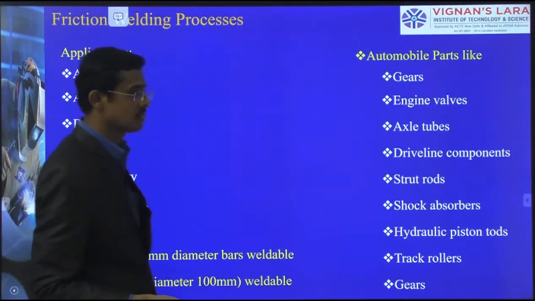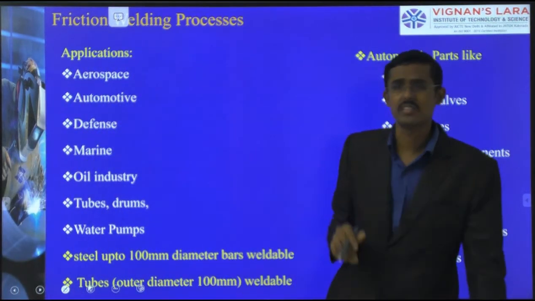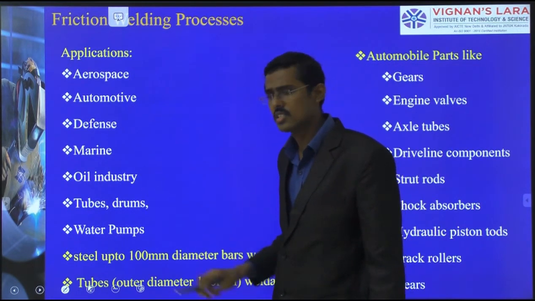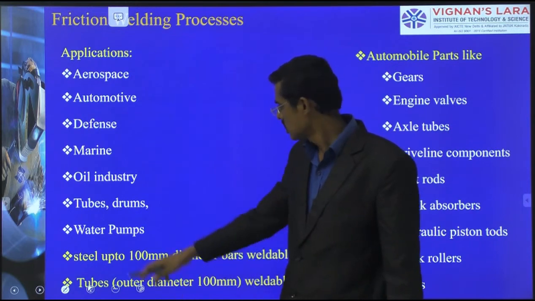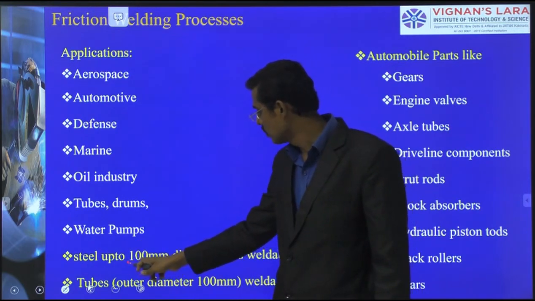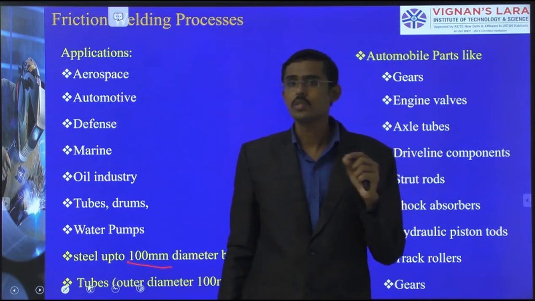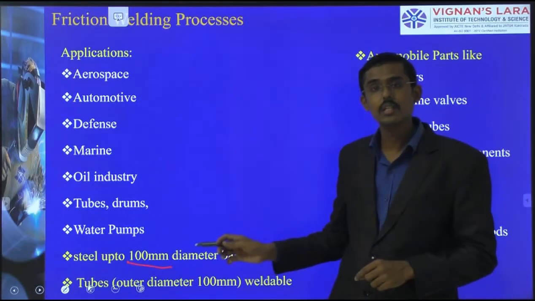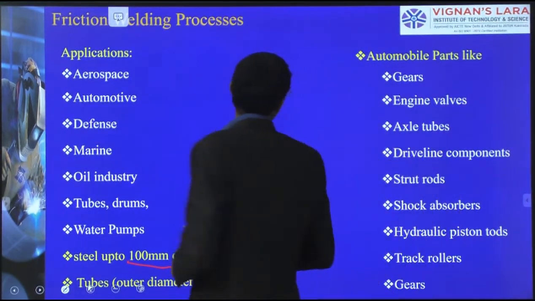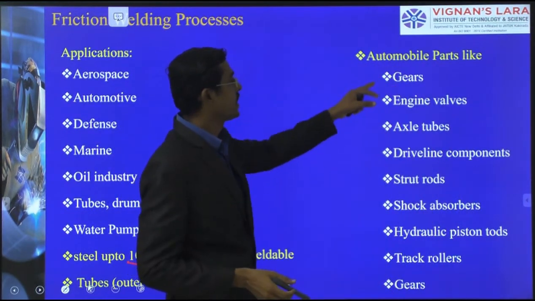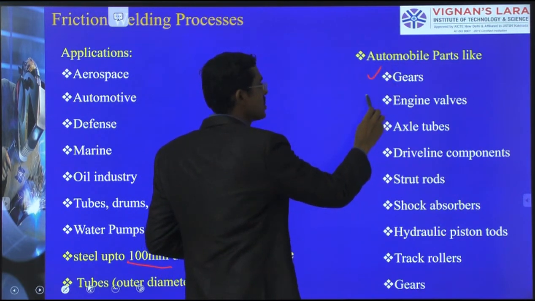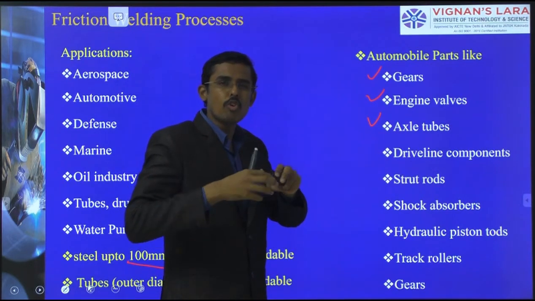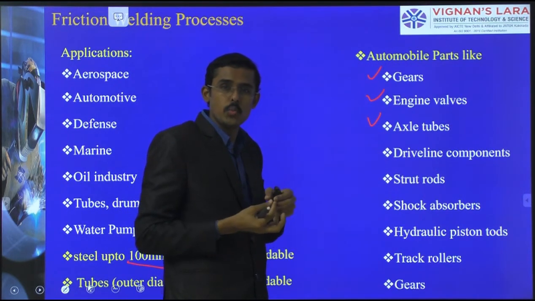There are many applications in the automobile industries. They are using it in aerospace, automotive, defense, marine, oil industries, tubes, water pumps. Steel up to 100 mm diameter we can do. I have shown a picture that belongs to 16 mm, but maximum up to 100 mm diameter we can do with this friction welding process. In automobiles, in gears, engine valves, axial tubes, you keep noting these will be round objects, bars, tubes, or pipes.